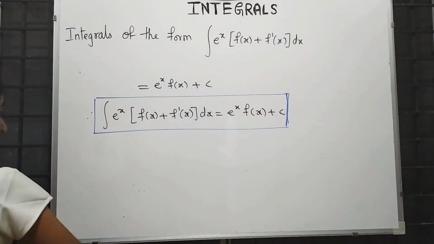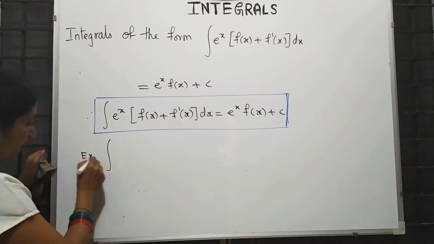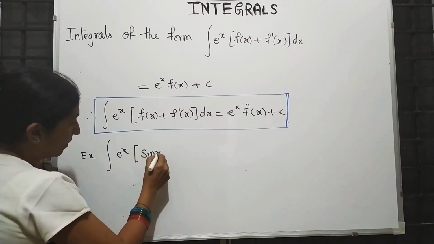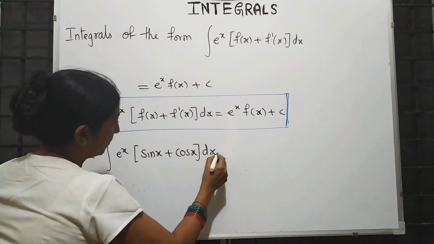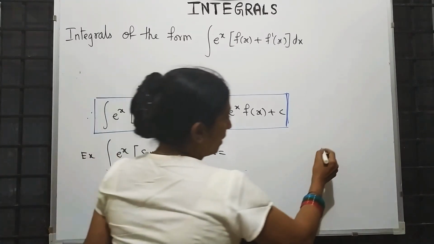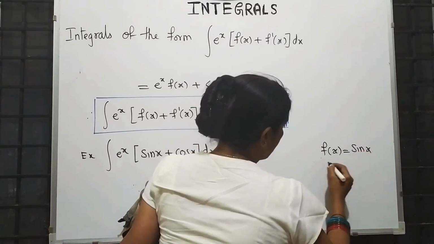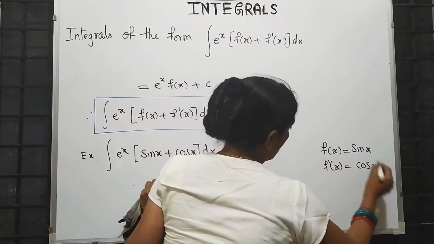Now, I will give one example here. e raised to x in the bracket sin x plus cos x dx. See, if you take f of x as sin x, what is its derivative? f dash of x, the differentiation of sin x is cos x.